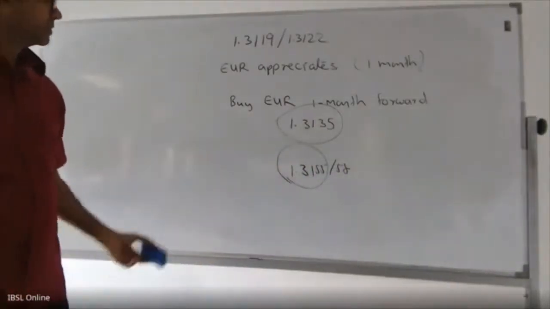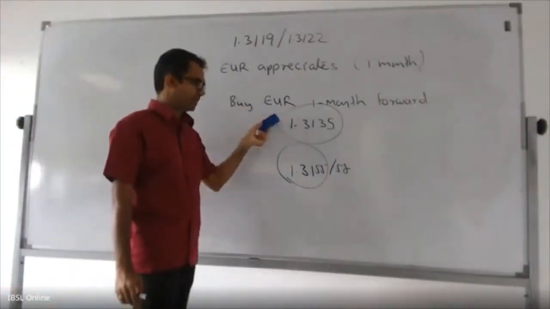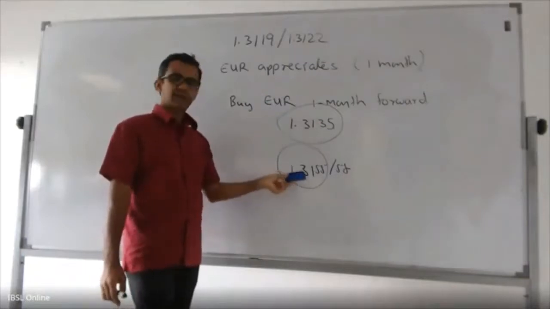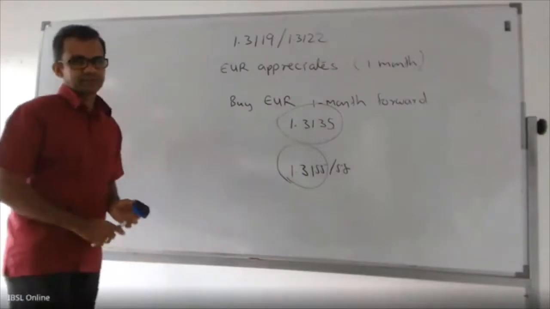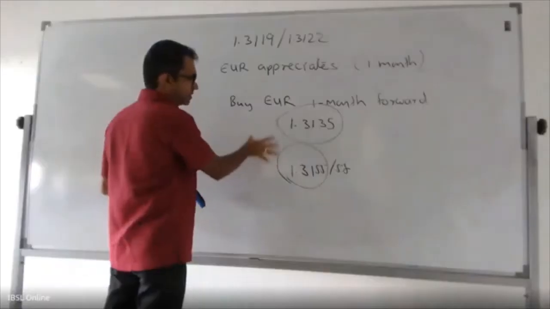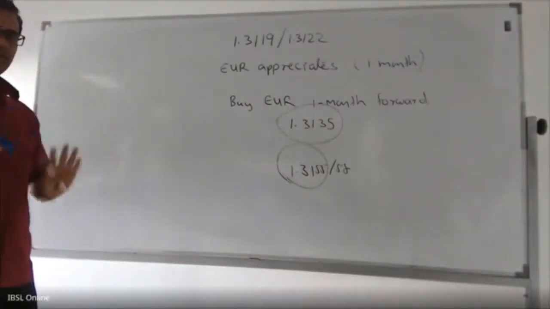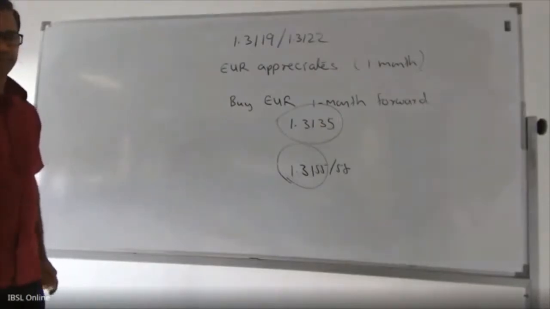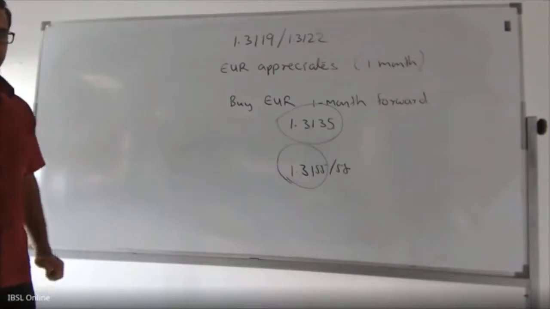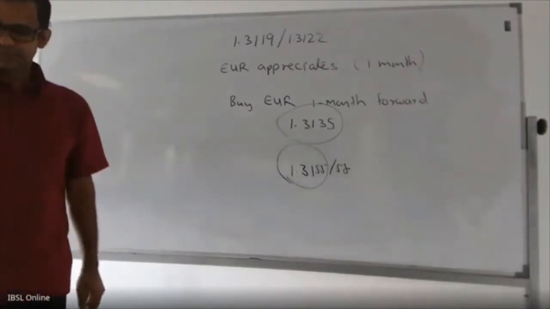But the moment you buy this euro on the forward date, if you can sell it at this rate, you will realize the profit. After 1 month, you have this profit in your books, whether it's realized or not. That's the only difference. Everything will be accounted. Anything else?